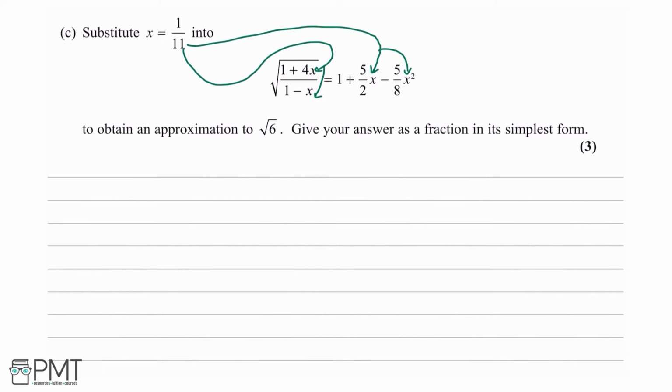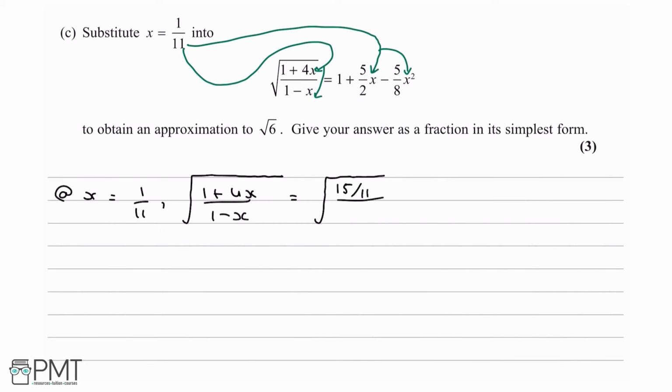At x equals 1 over 11, the square root of (1 plus 4x) over (1 minus x) equals the square root of 1 plus 4 over 11, which is 15 over 11, all over 1 minus 1 over 11, which is 10 over 11.